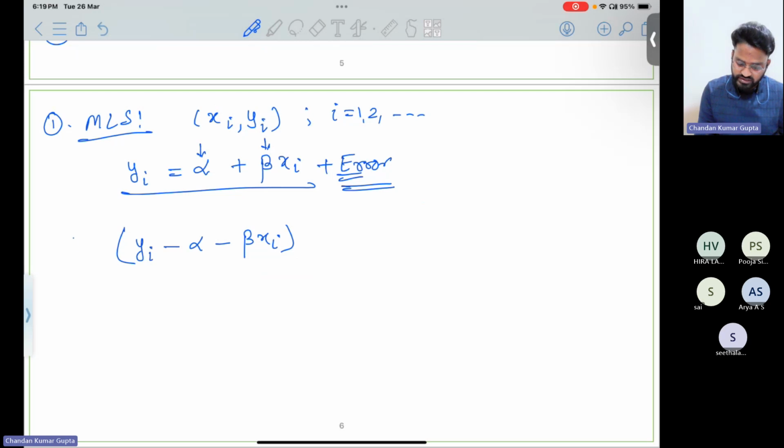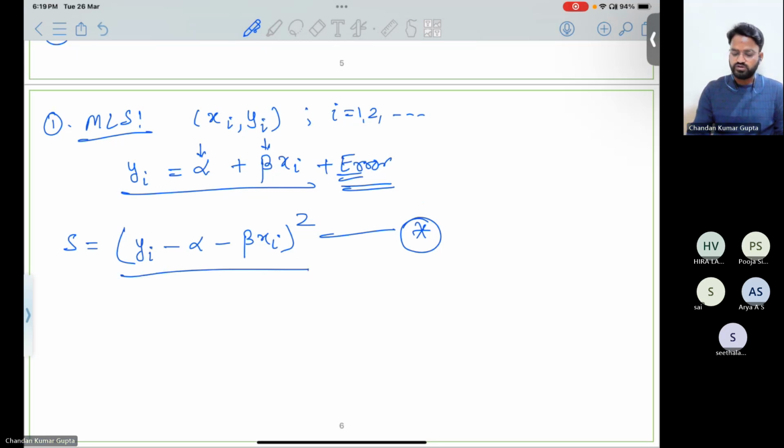We will denote it with S and a square term because it is a least square method. So our aim is to minimize this equation because this is the error. For optimization, we will differentiate equation star with respect to alpha and beta, because our aim is to find alpha and beta.